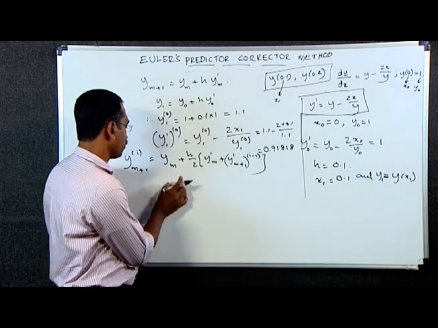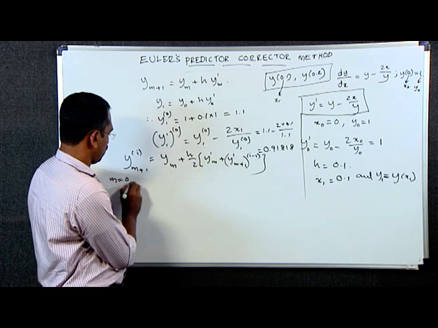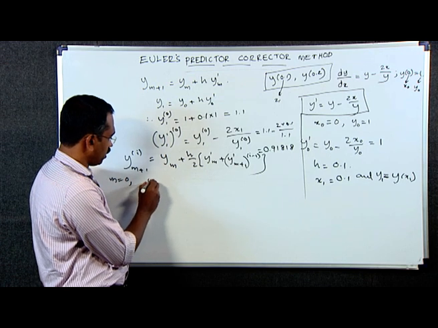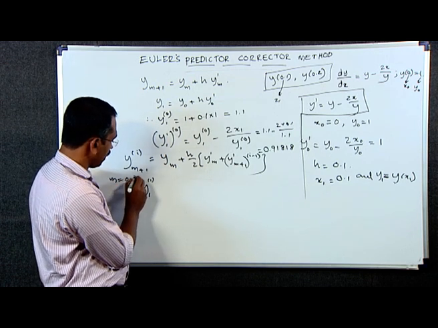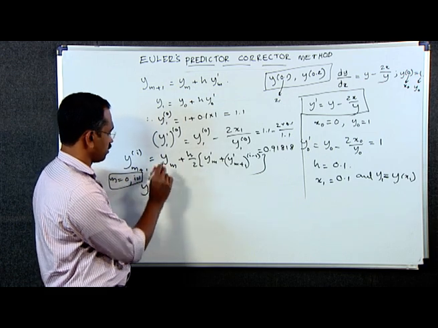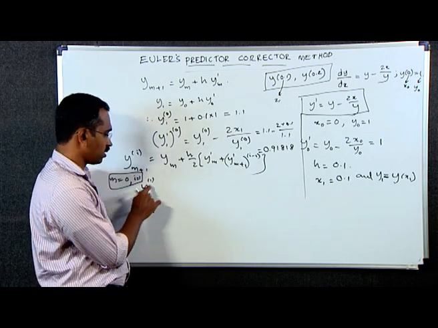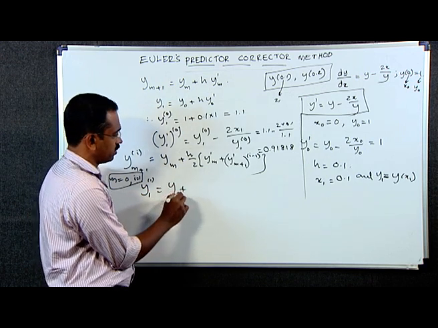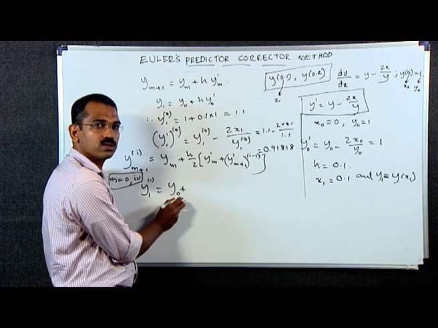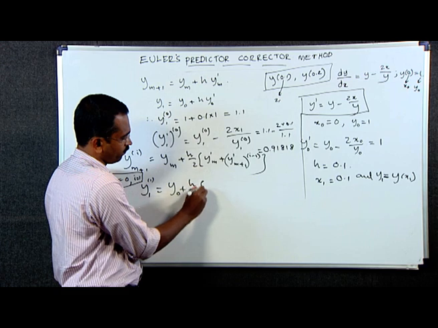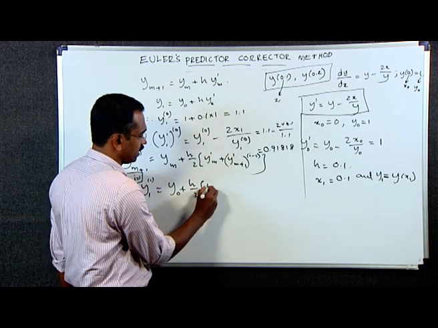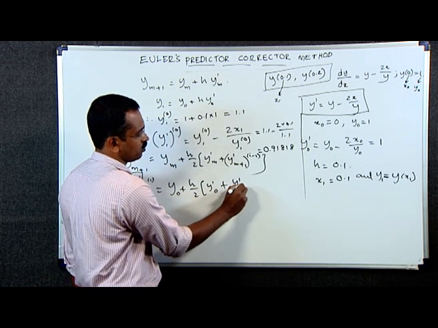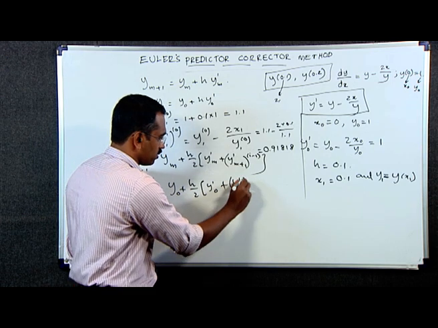In this, we substitute m is equal to 0, we get y1. We substitute m equal to 0 and i is equal to 1 in this expression. We will get y1 1 as equal to y0 plus h by 2 into y dash m, that is y dash 0, plus y dash m plus 1, that is y dash 1 0.